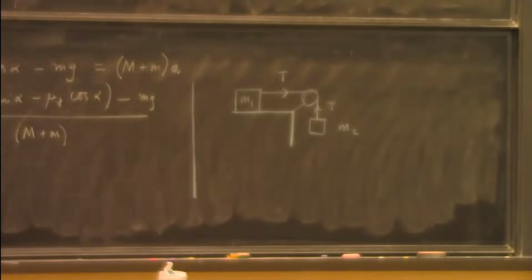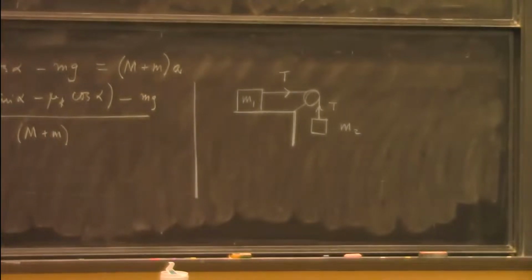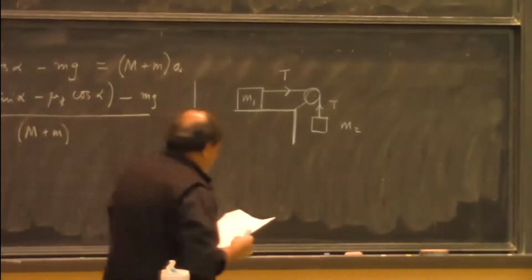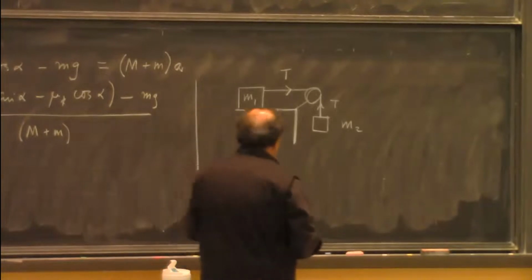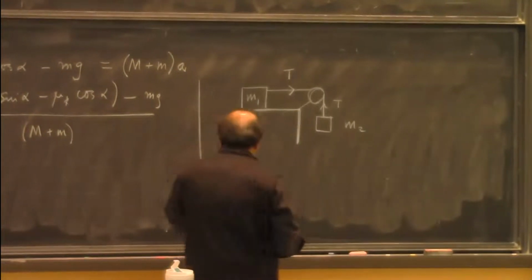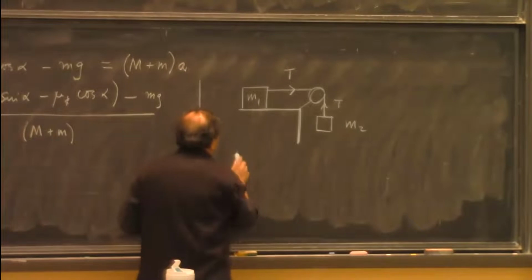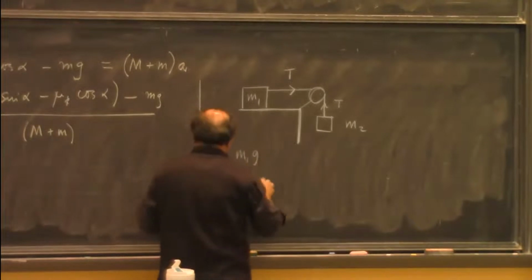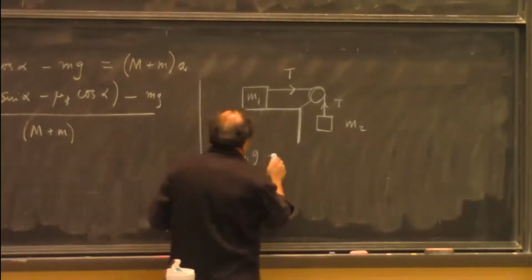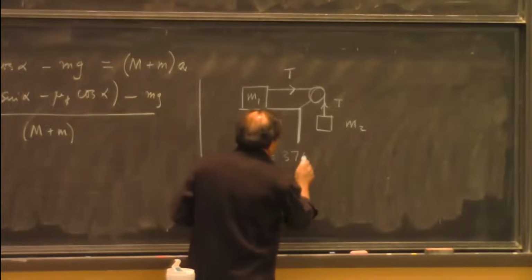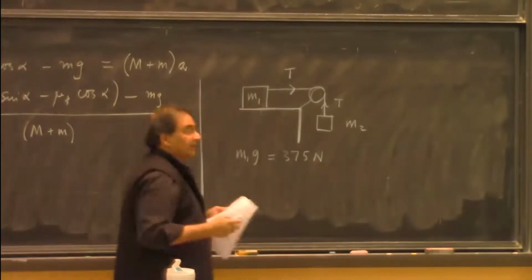So this requires a little bit of thinking, just to be able to make sure that you set up the problem correctly, and we can ask what is the acceleration of the system. Let us say we are told that m1g, so that includes multiplying by g, is 375 newtons at the end of the day of force.